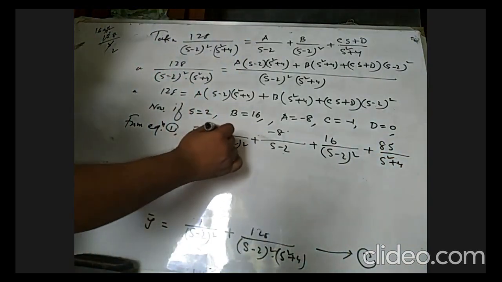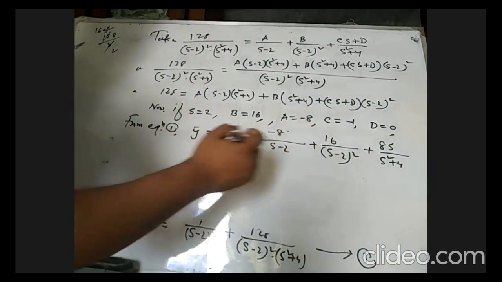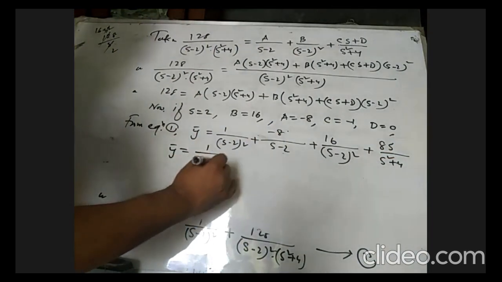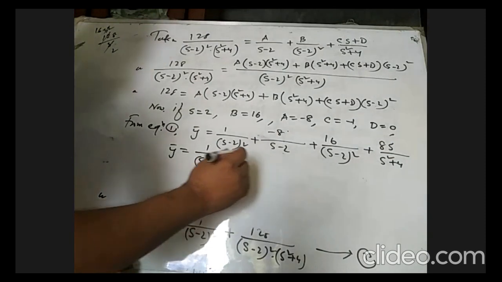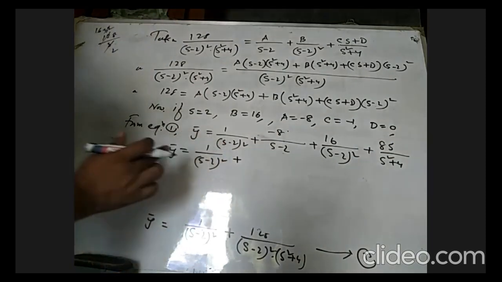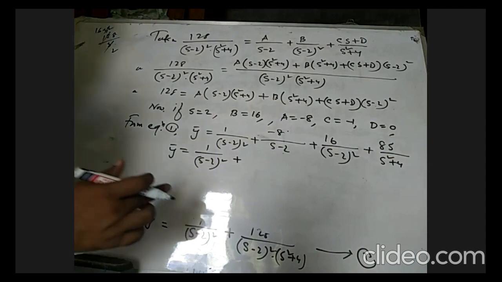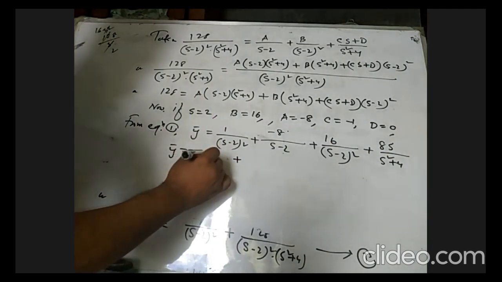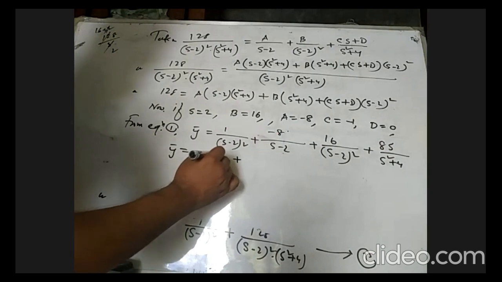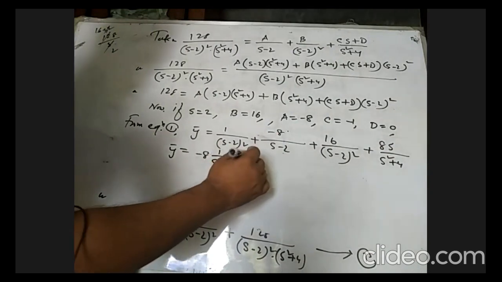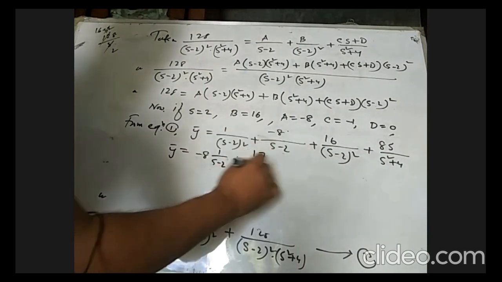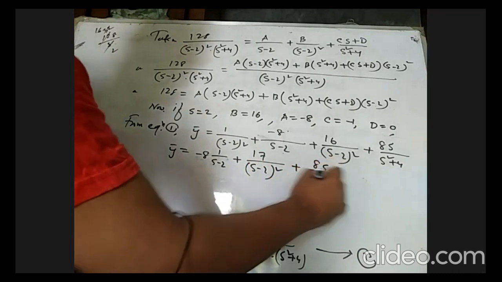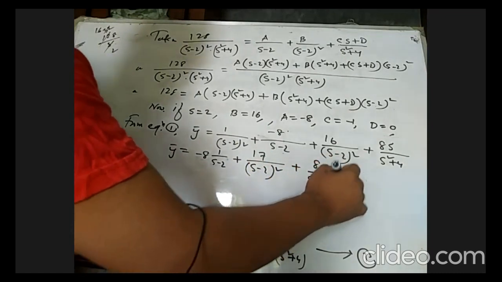Actually, this 1 by (s minus 2) whole square and this 16 by (s minus 2) whole square can be written as 17 by (s minus 2) whole square, minus 8 by (s minus 2), plus 8s divided by s square plus 4.